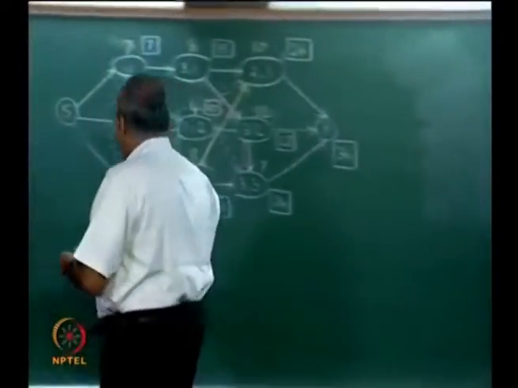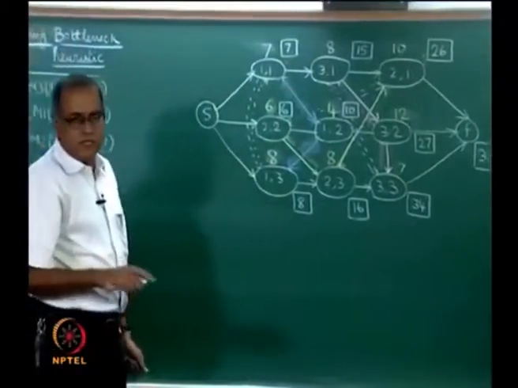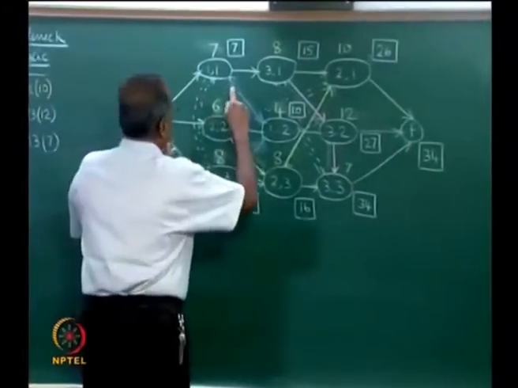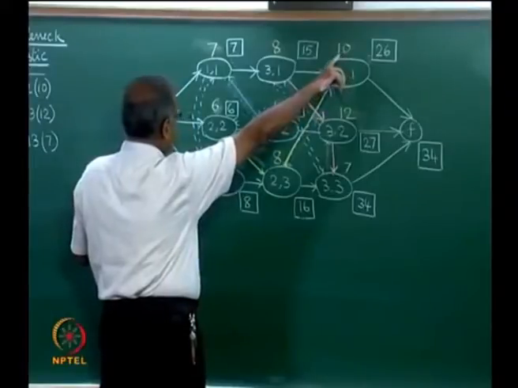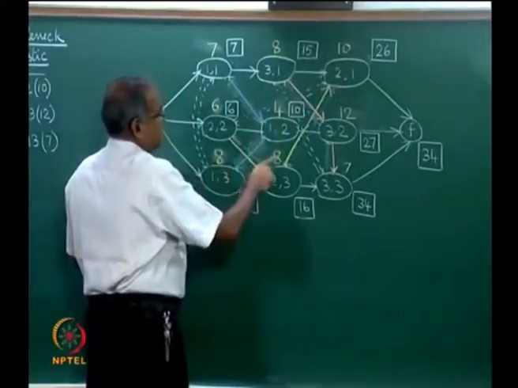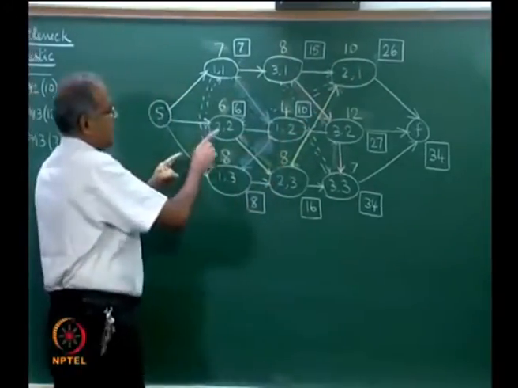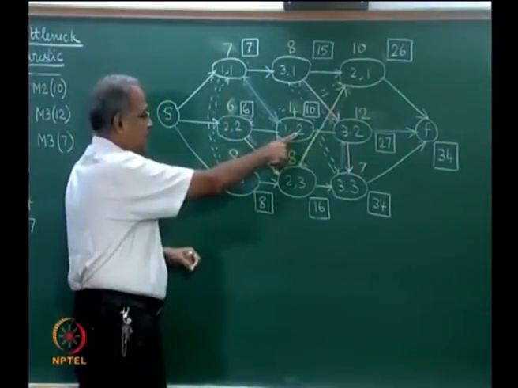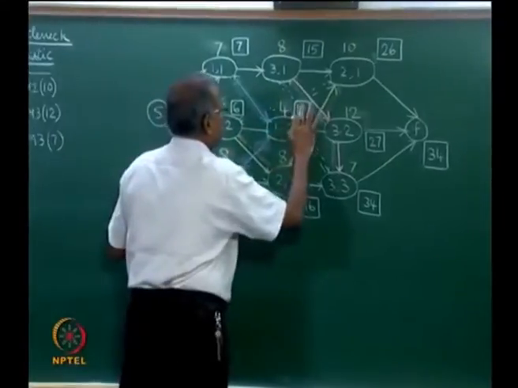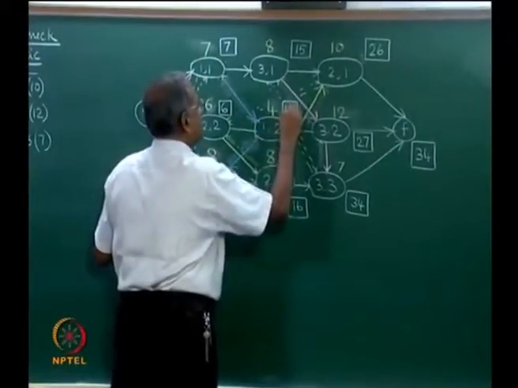And update it. Now, we do the computation of the node labels. So, we have 7 plus 8, 15, and this one will become 8 plus 8, 16, plus 10, 26. Now, this will become 7 plus 4, 11, instead of 6 plus 4, 10.